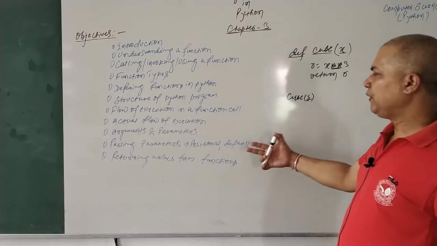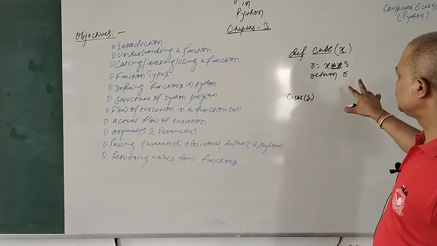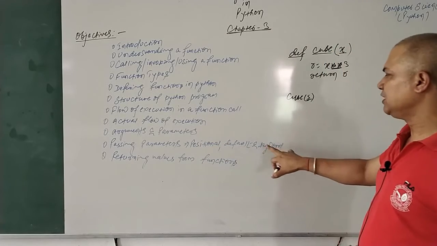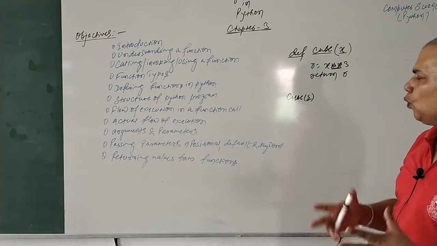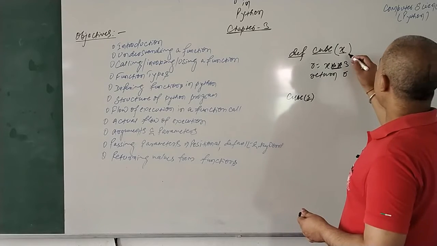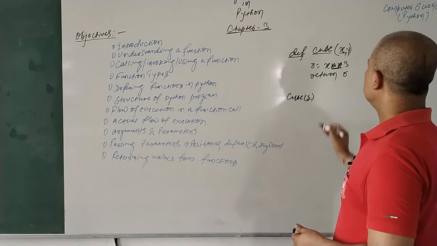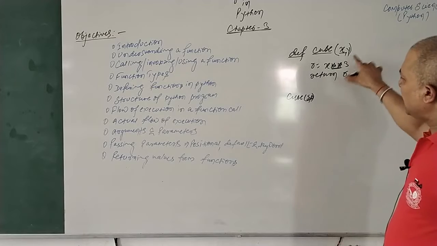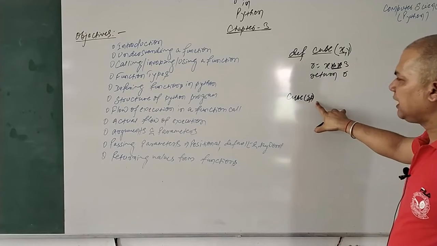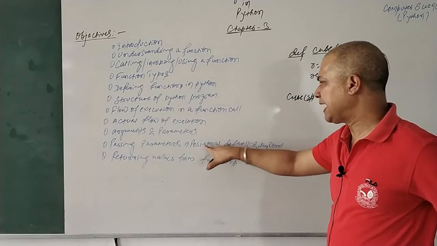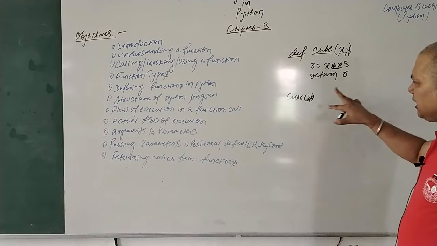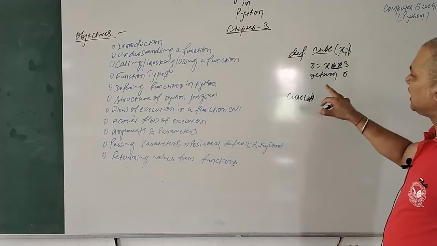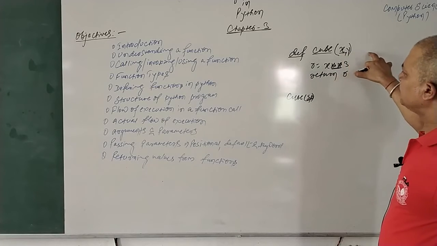There are three different ways to pass a parameter to the function. One is positional, one is default, and one is keyword. Let's see what these are. If there is x comma y, for example, then I have to say 5, 6. This x comma y and 5, 6 at the time of calling is exactly the positional parameter. By default, the Python interpreter accepts the arguments according to the parameter sequence.